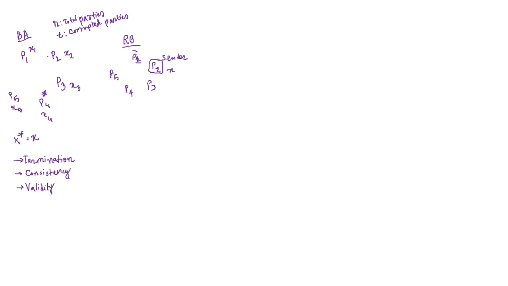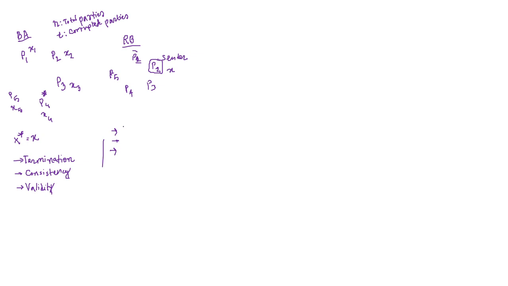If the honest parties were not starting with the same values, they may have started with different values, then they all will agree upon some fixed value that will be common at the end of the output, that is consistency. But if they are starting with the same value, then at the end of the protocol the output will be that value only, that is the validity property. In case of RB also, reliable broadcast also, these three properties should be there: termination, consistency and validity.